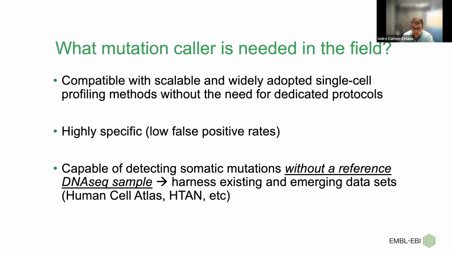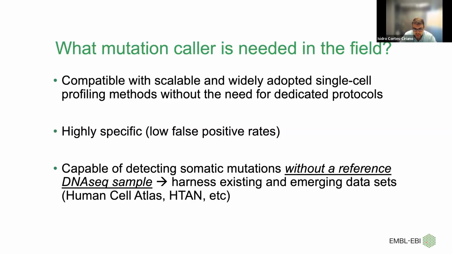We also want the algorithm to be highly specific, which means low false positive rates. Detecting mutations in single cell datasets is easy in a way because there are tons of variants there, but the problem is removing the false positives, right? And those can be very detrimental for computational analysis, as I will show you later.